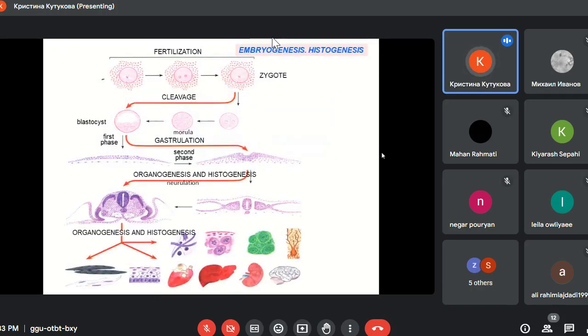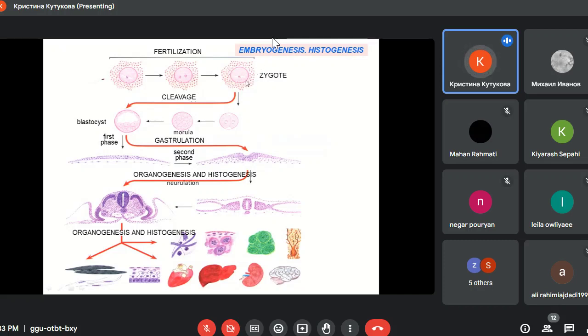So embryogenesis is the development of the embryo starting from fertilization, when a spermatozoon fertilizes the oocyte, and the first cell of a new organism is formed, which is called zygote.